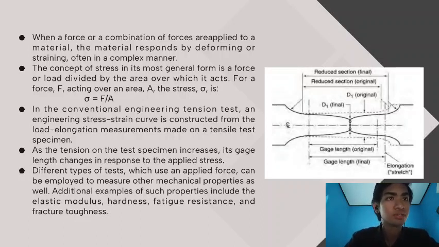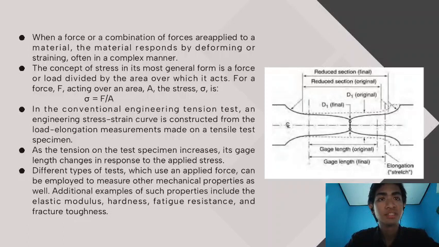Because the value of the true stress is typically more difficult to determine than the engineering stress, it is used less frequently in practice. Strain allows us to quantitatively characterize the deformation that occurs due to the application of the applied stress.